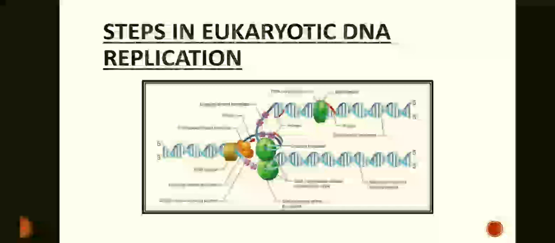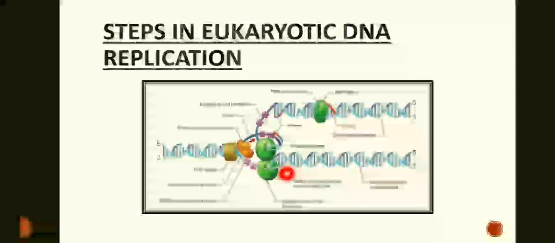At each origin, replication bubbles form, consisting of two replication forks moving in opposite directions. The DNA replicated under the control of a single origin is called a replicon. DNA synthesis proceeds until the replication bubbles merge together.